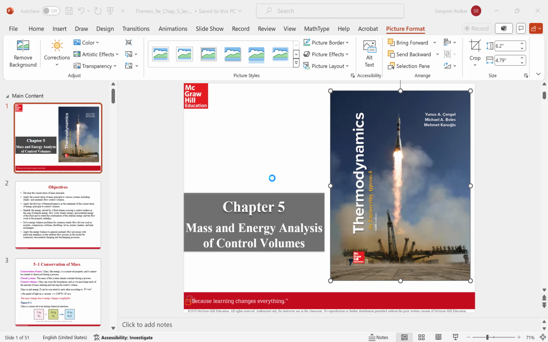And the last part of this chapter is a very small part wherein you have to apply the energy balance equation to the general unsteady flow processes, where the process is not steady, and there is something called uniform and non-uniform flow. We will talk about it when we get to that part.